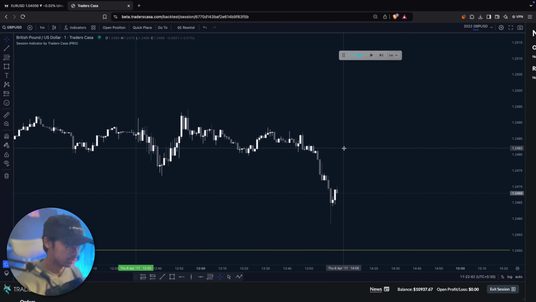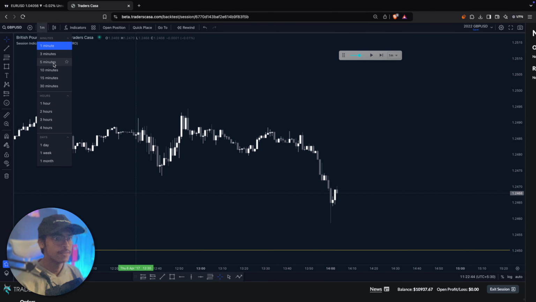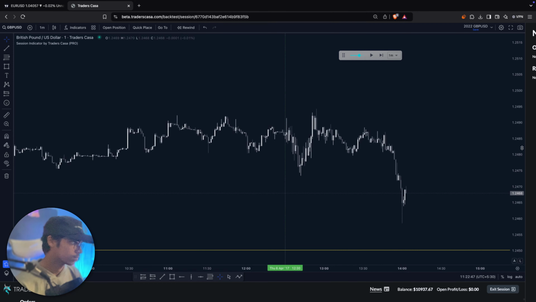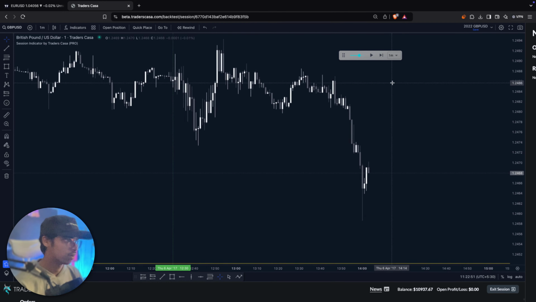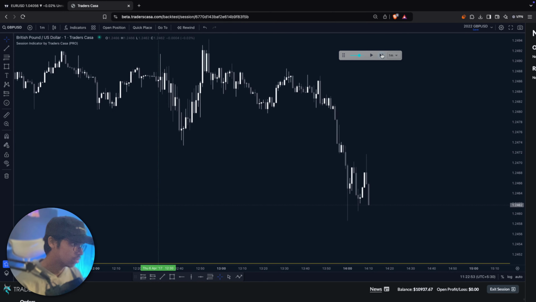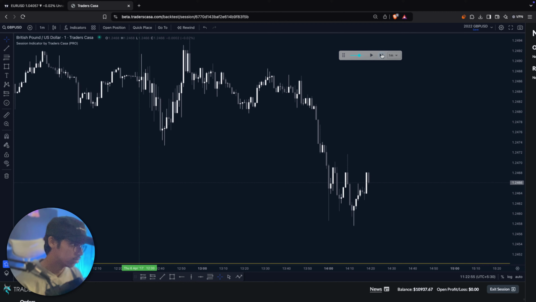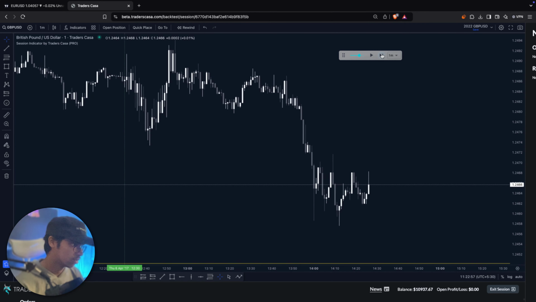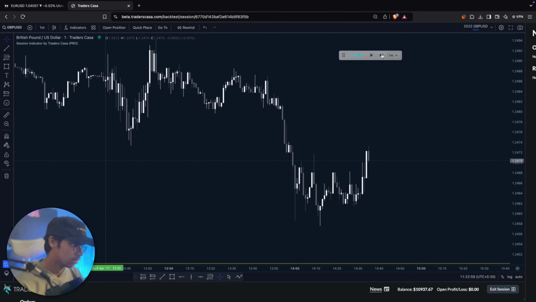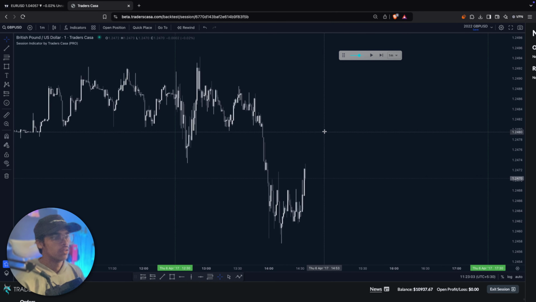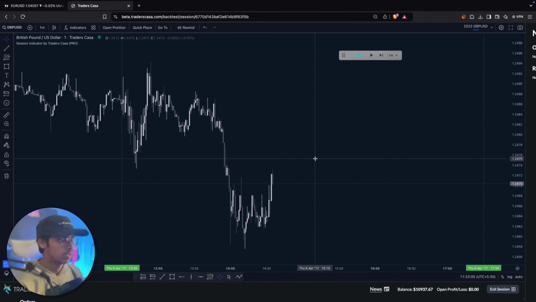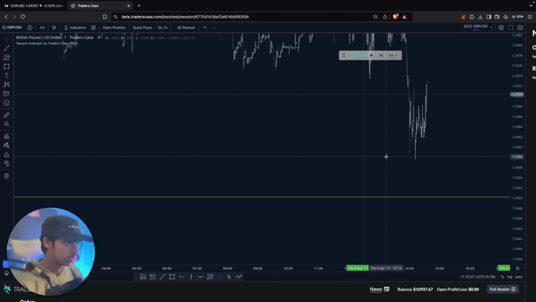See what the market structure is showing me. So 35 sell side level has been swept, and the price wants to go lower.